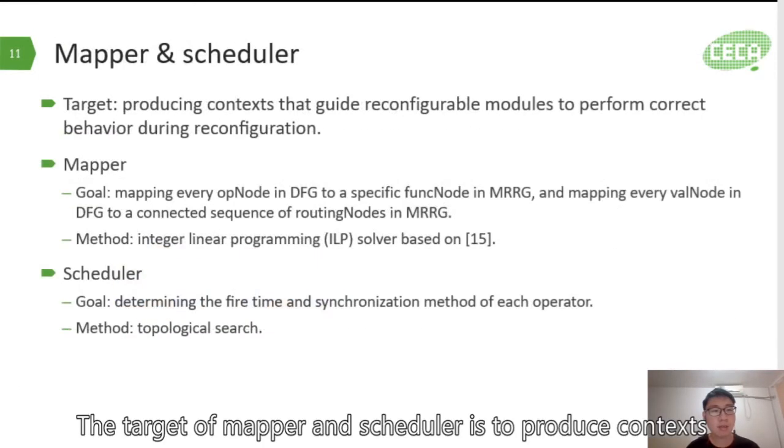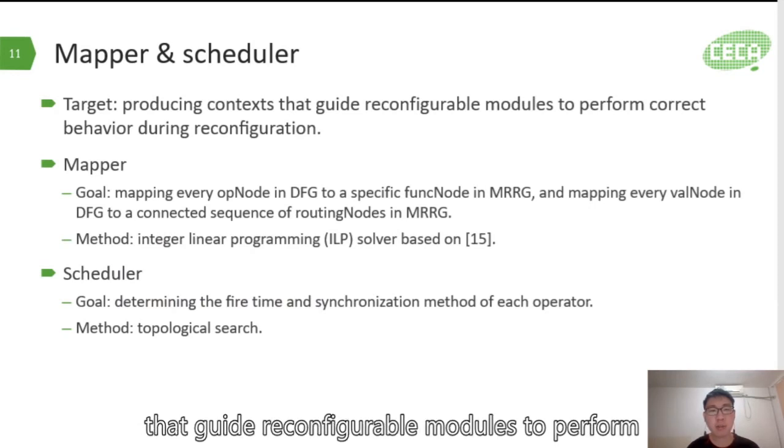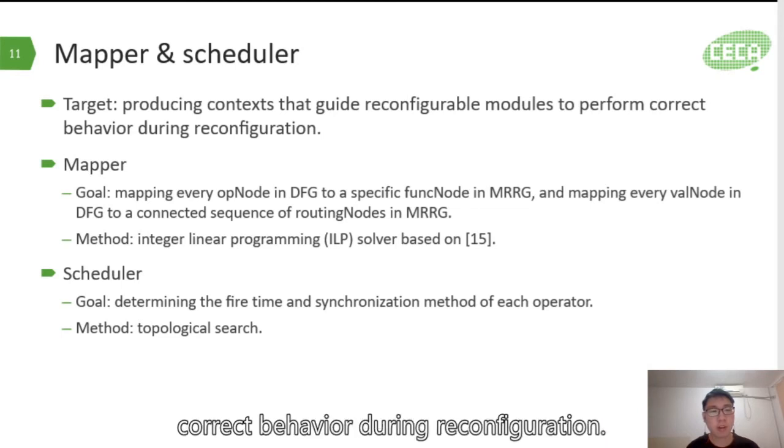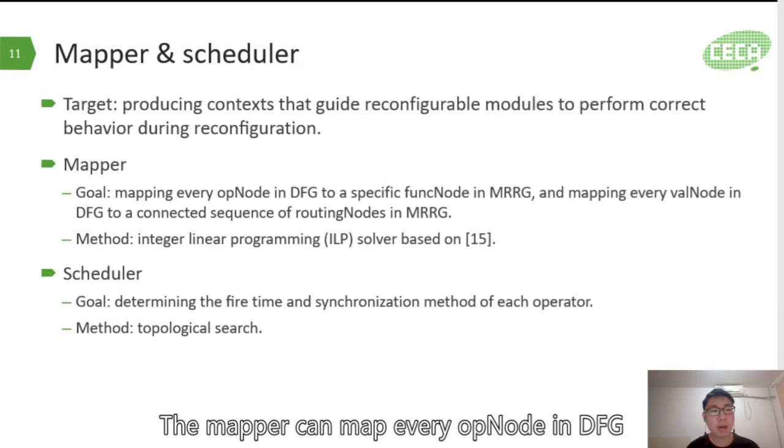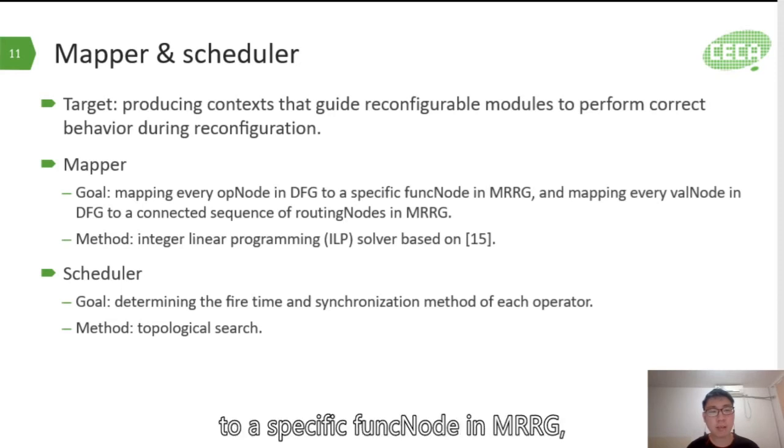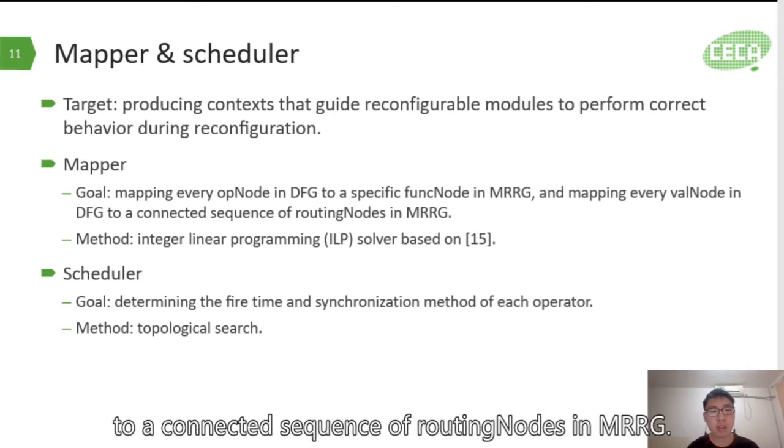The target of the mapper and scheduler is to produce contexts that guide reconfigurable modules to perform correct behavior during reconfiguration. The mapper can map every OP node in DFG to a specific func node in MRRG, and map every value node in DFG to a connected sequence of routing nodes in MRRG.